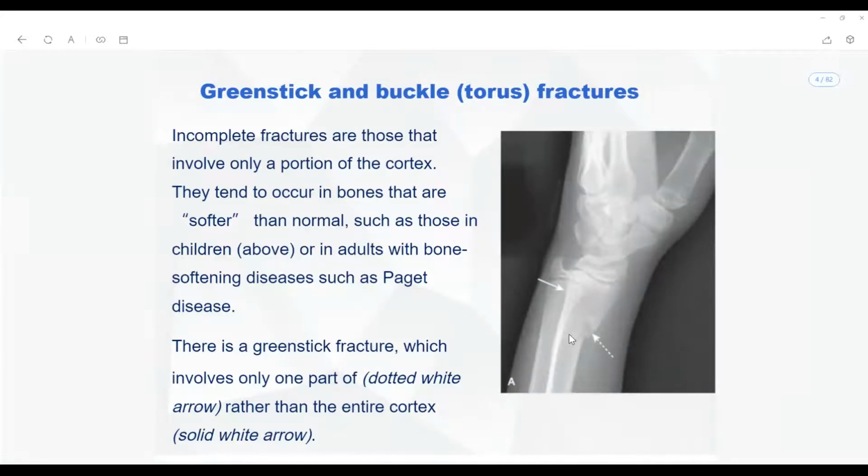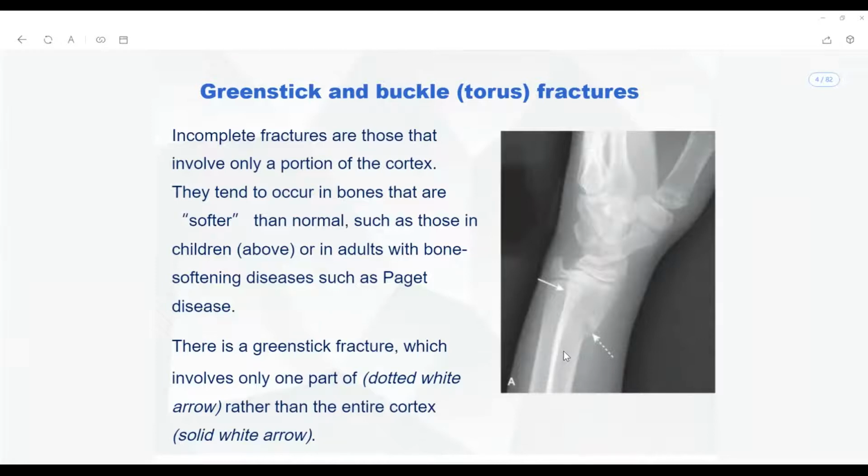It is called a greenstick fracture for this reason: when you try to break a twig or a branch, a green-colored twig or branch, which has a lot of fibrous material in it, you cannot completely break it.